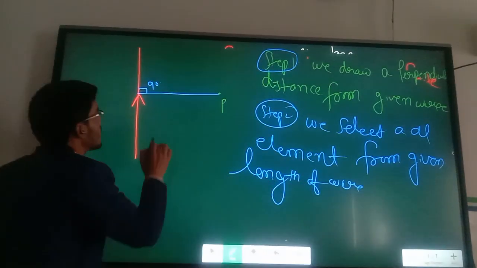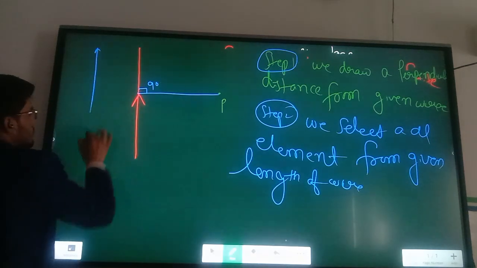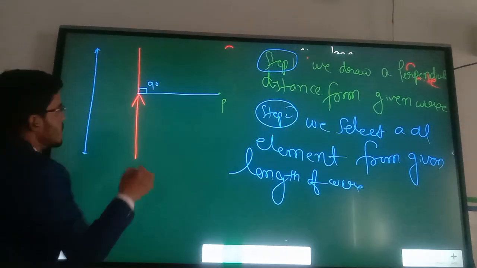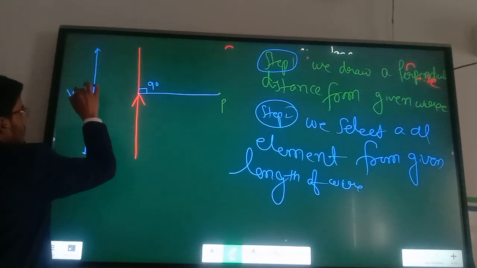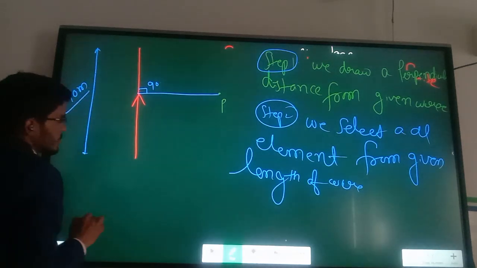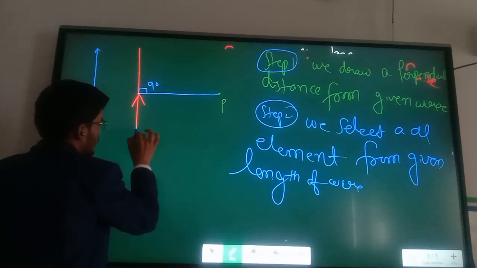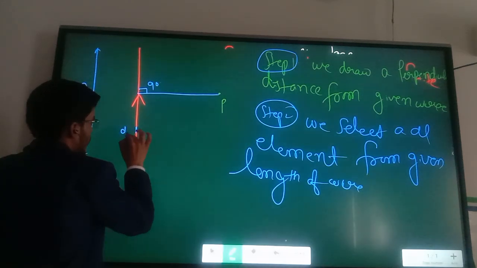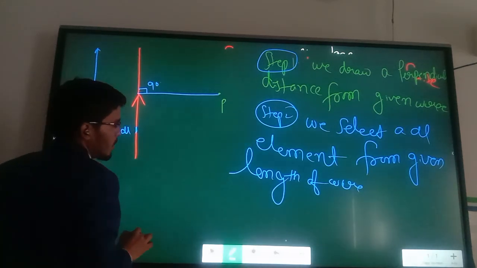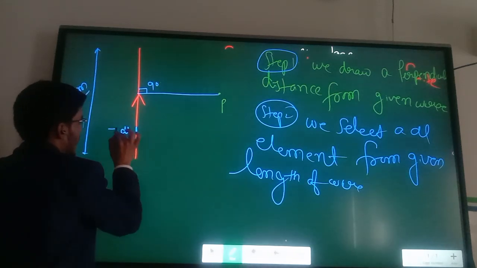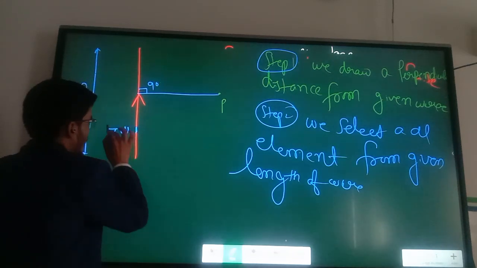This is the length of the wire, and I have already mentioned that the length is 10 meters. So we select a dl element from this wire. This is dl, and in Biot-Savart law, I dl is the current element, and this is a vector quantity.